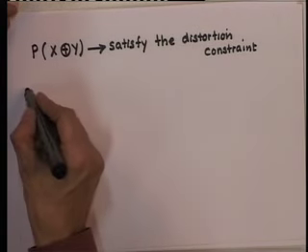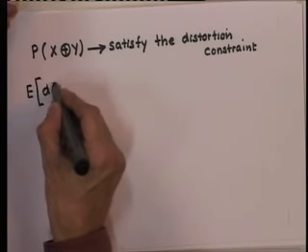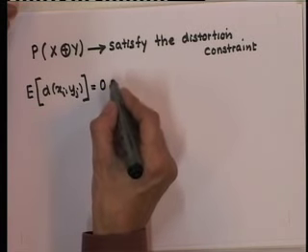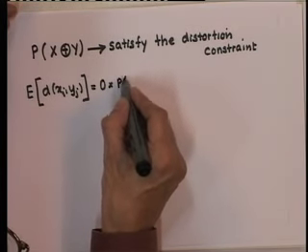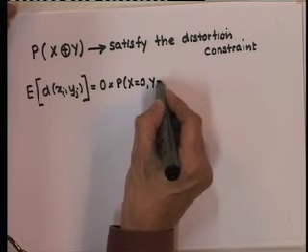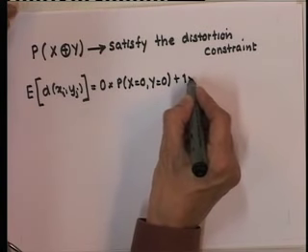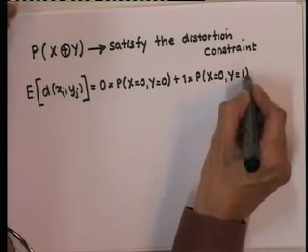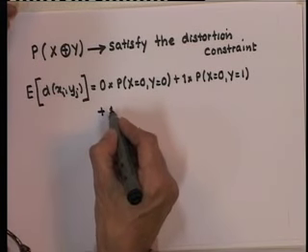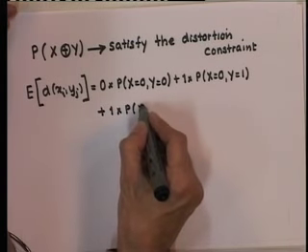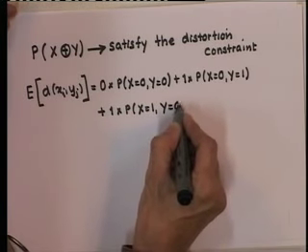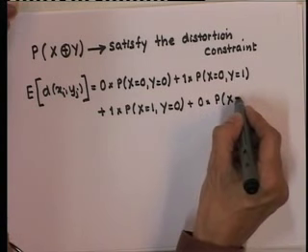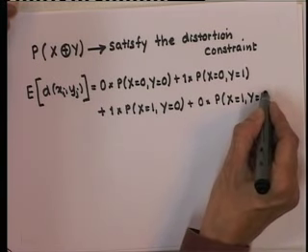The distortion is given by 0 multiplied by the probability of X equal to 0, Y equal to 0, plus 1 into the probability of X equal to 0, Y equal to 1, plus 1 into the probability of X equal to 1, Y equal to 0, plus 0 multiplied by the probability of X equal to 1, Y equal to 1.